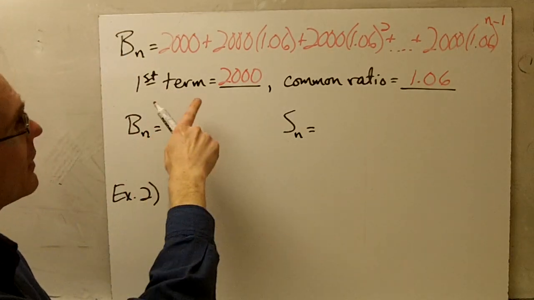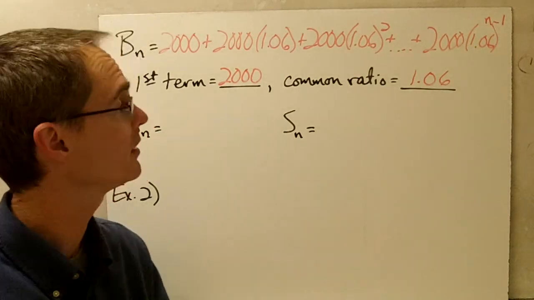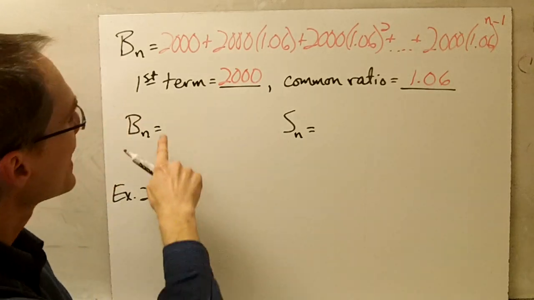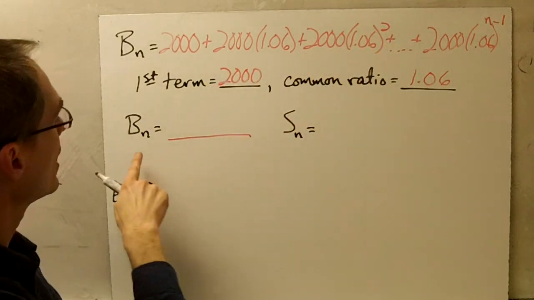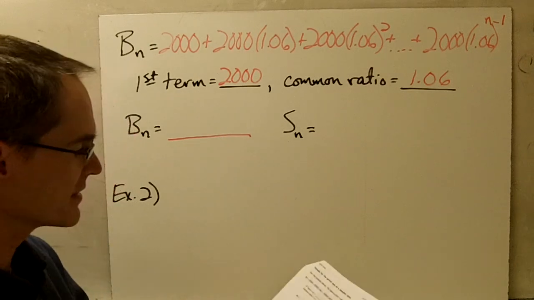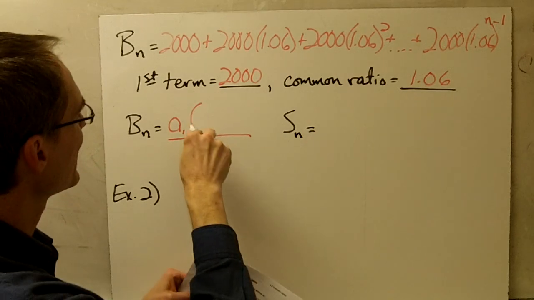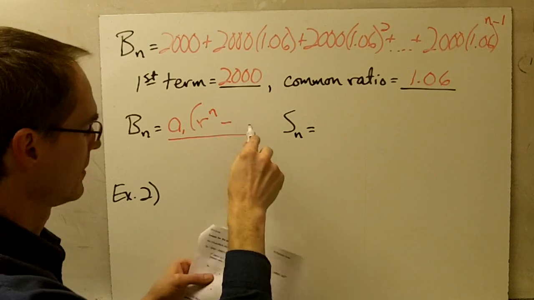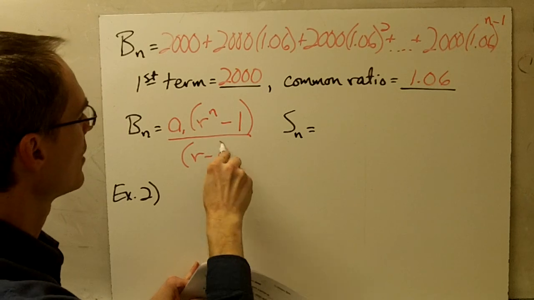Well, just like before, where we found that we could come up with an explicit formula so that we didn't have to calculate each individual term in order to figure out how much money there would be in the account, I can come up with an explicit formula for this as well. The amount of money in my account after n deposits, I can write as A sub 1 times R, my common ratio, to the power of n minus 1, divided by R minus 1.